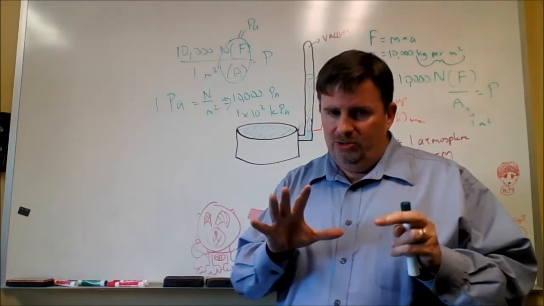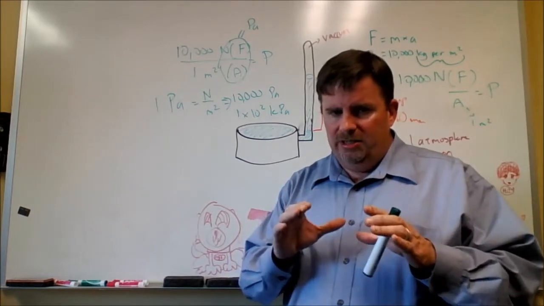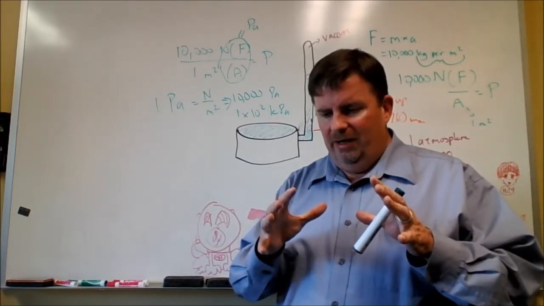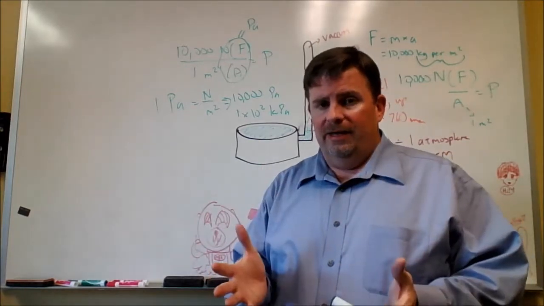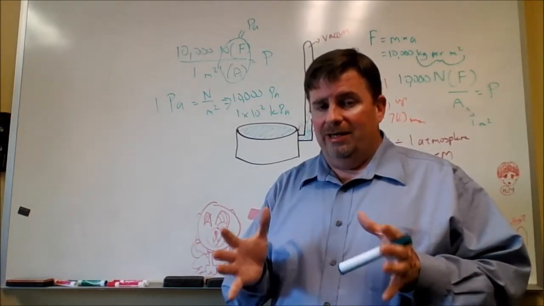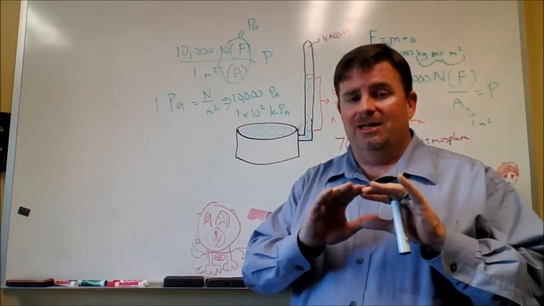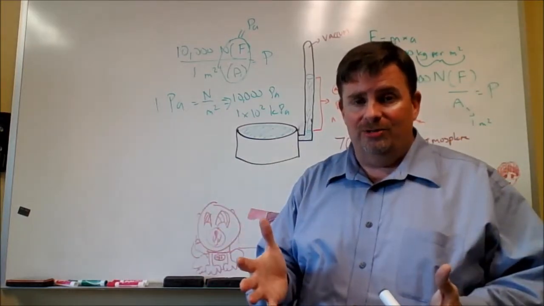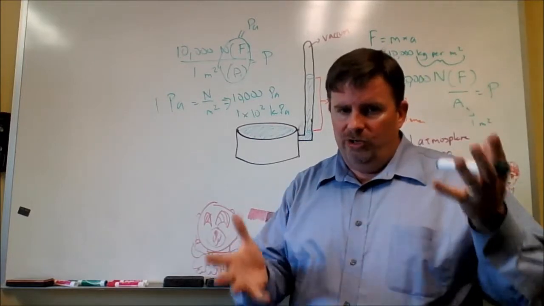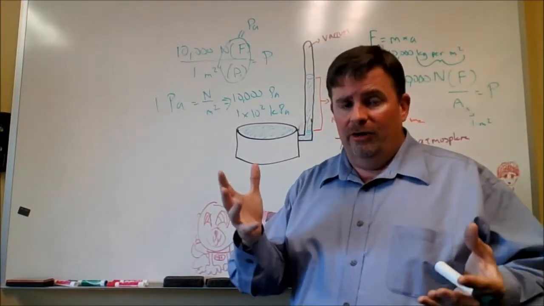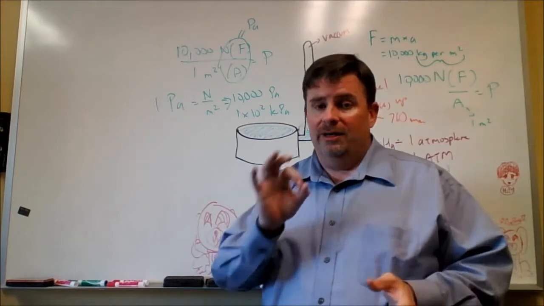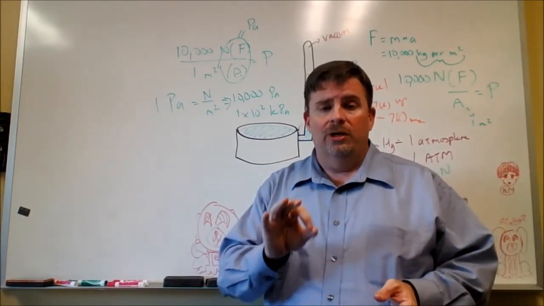So what we're going to do now is look at one single container and devise the laws that relate to that container as far as pressure goes, as well as the container itself, which is a three-dimensional object, so it has volume. So what are the relationships between pressure, volume, and everything else that applies as far as variables go to a gas?